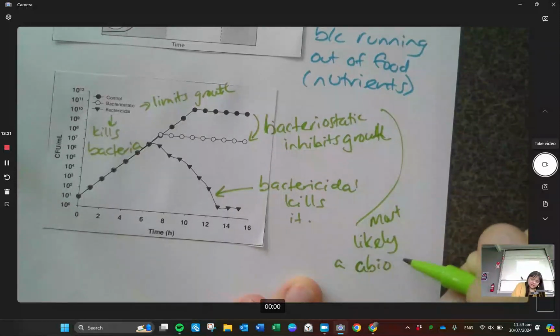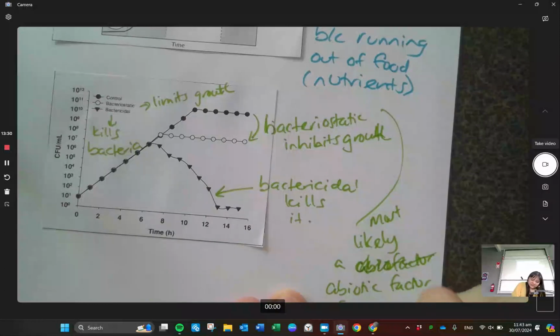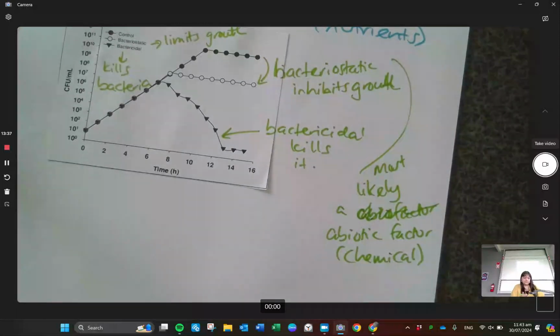Abiotic factor. Let's explain that right. It's generally a chemical, and that's obviously interfering with growth.